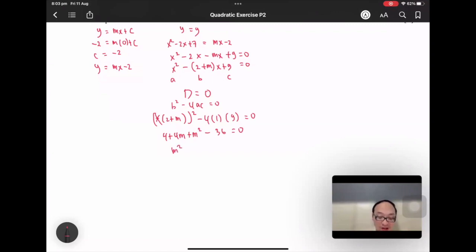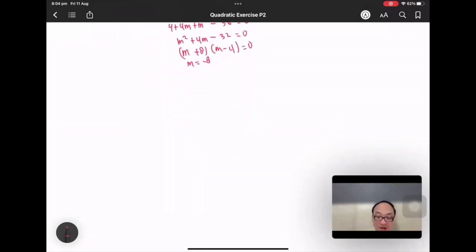So m squared plus 4m minus 32 equals 0. So (m plus 8)(m minus 4) equals 0. So m equals negative 8 or m equals 4.